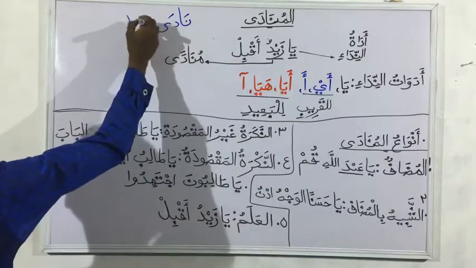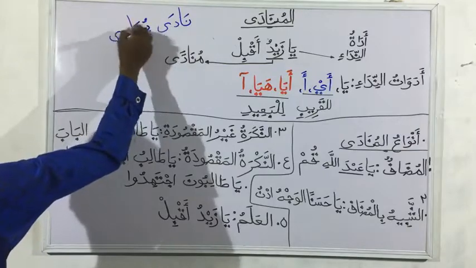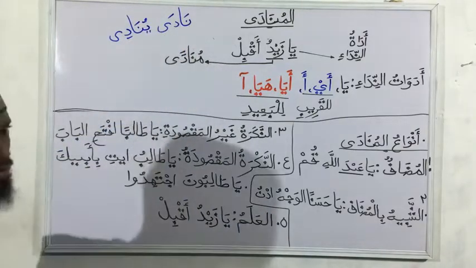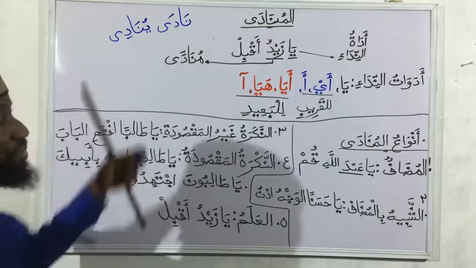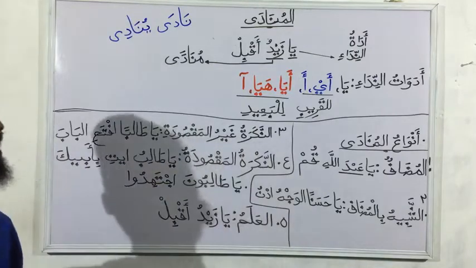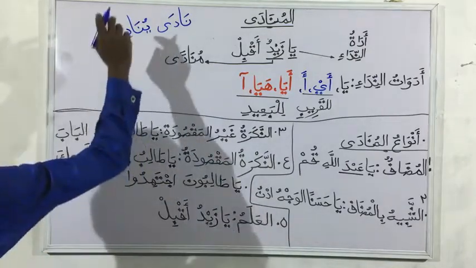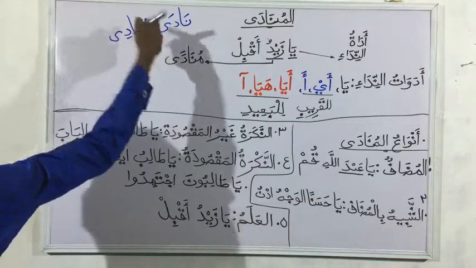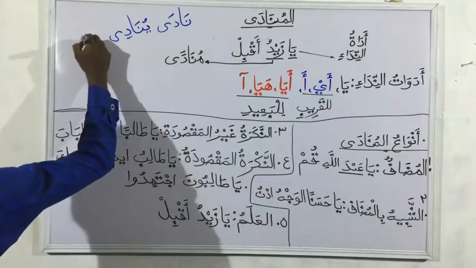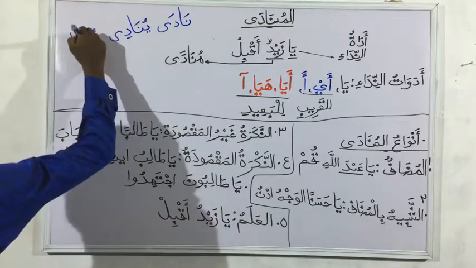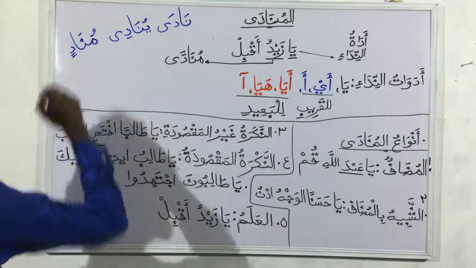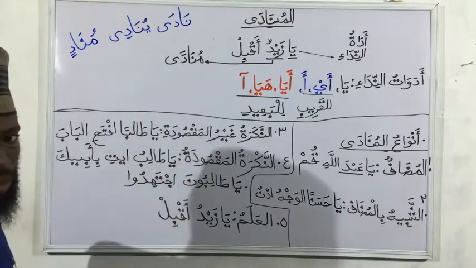Yunadi. You can see, since it is a four-letter verb, the mudori starts with the damma. So yunadi, and the ismul fa'il will be what? Munadin. That will be a manqus noun. Munadin, the person who is calling.